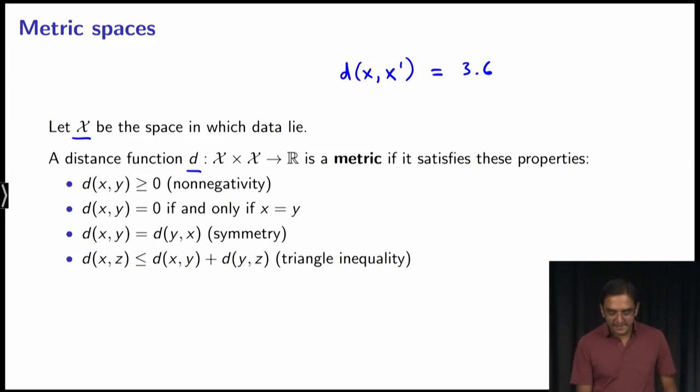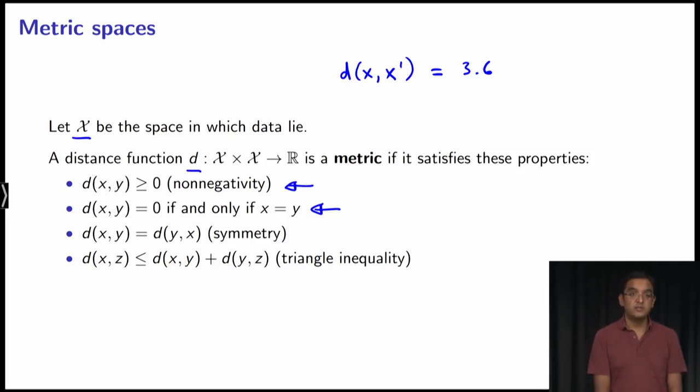The first is that the distances should never be negative. That sounds fairly reasonable. The second is that the distance from a point to itself should be 0. And moreover, these are the only cases in which the distance should be 0. It should not be the case that the distance between 2 different points is 0.